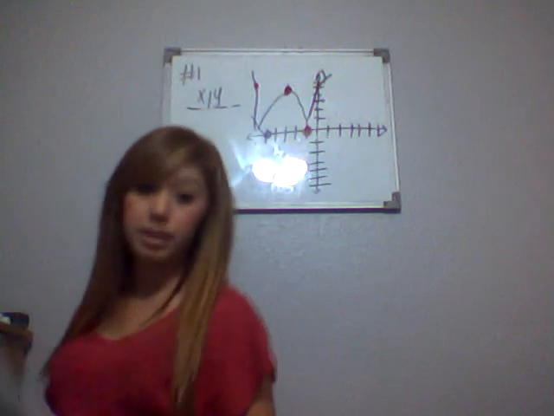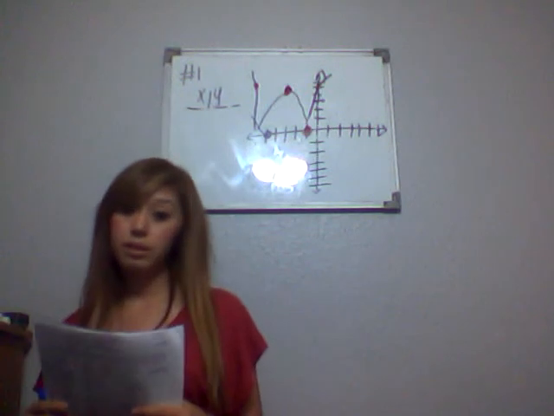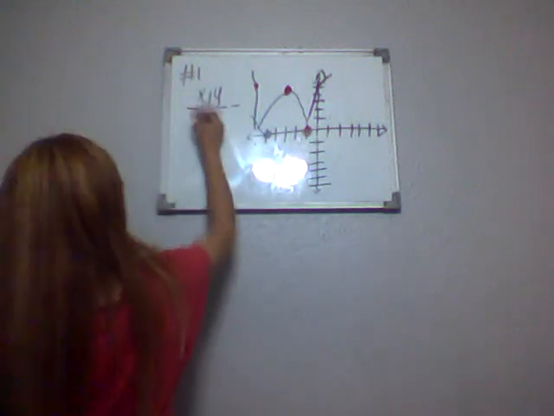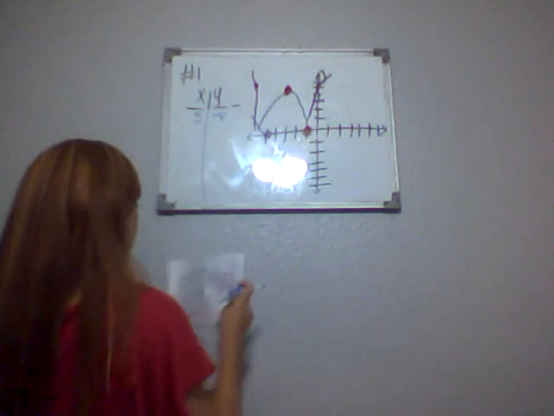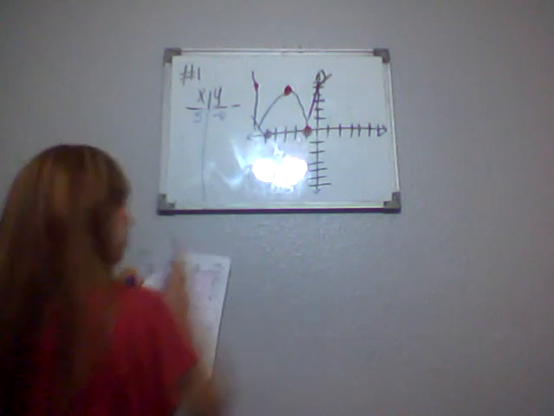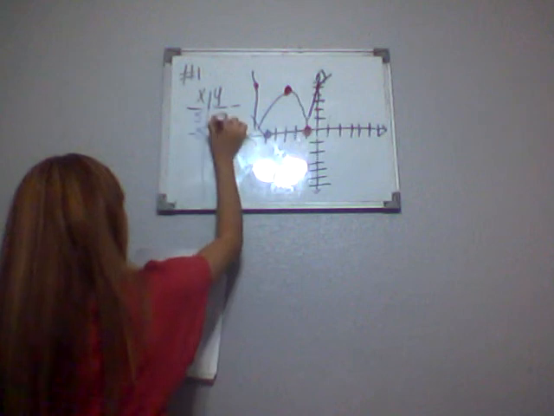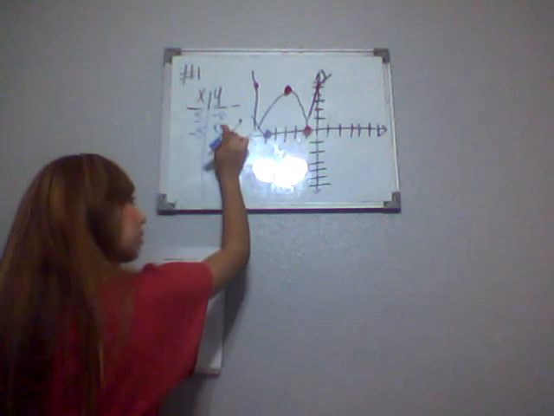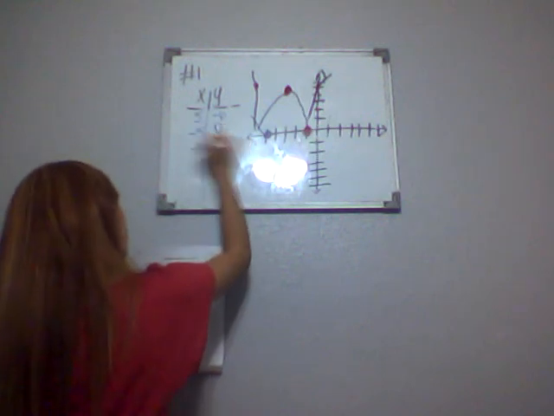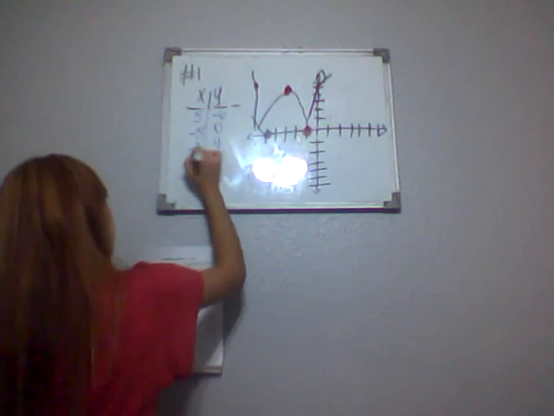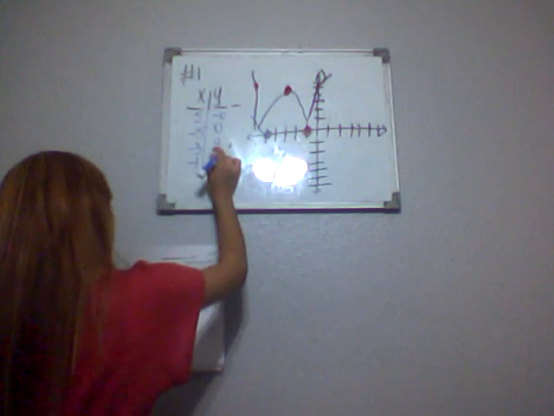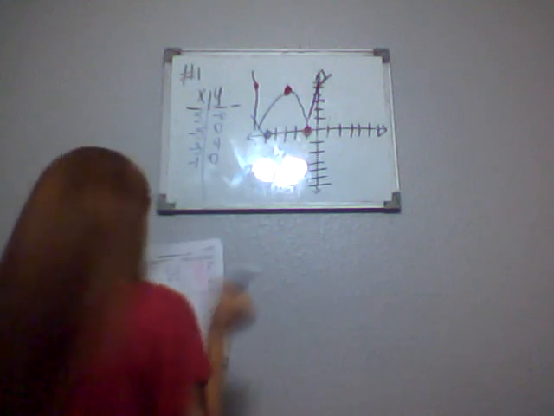We had -6, 5, so it would be, that's correct, 5, -6. What would be the next point? Negative 5, 0, yes. The next point, negative 3, 4. Next point, yes, negative 1, 0. And the last point, that's correct, 0, 5.